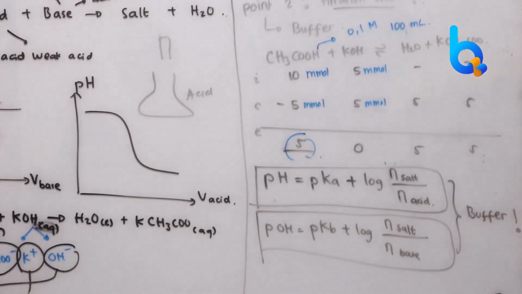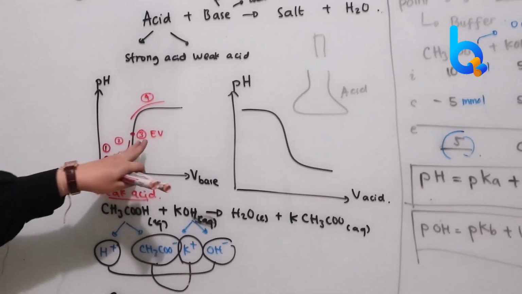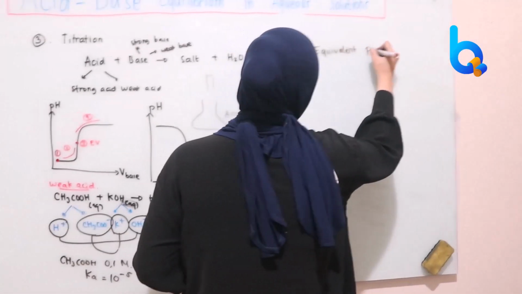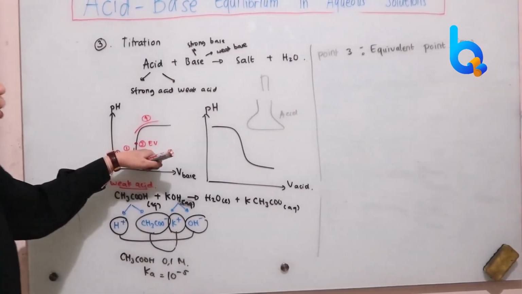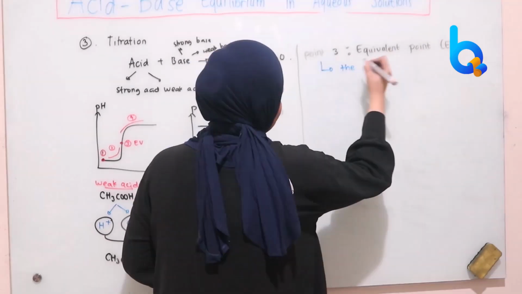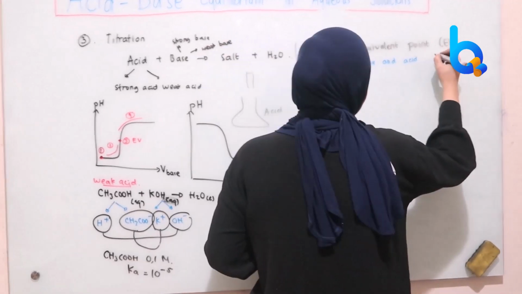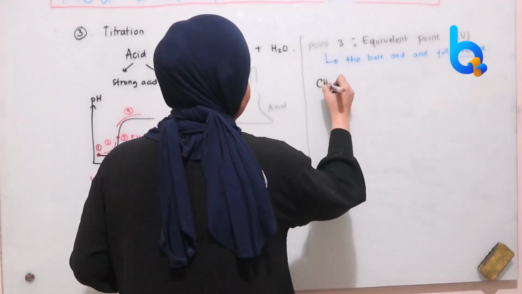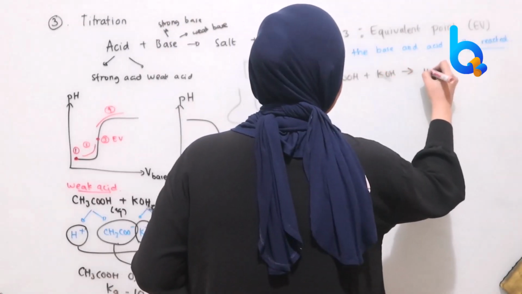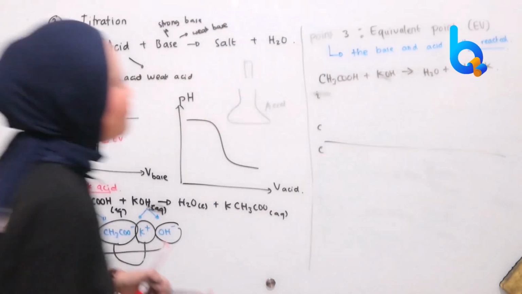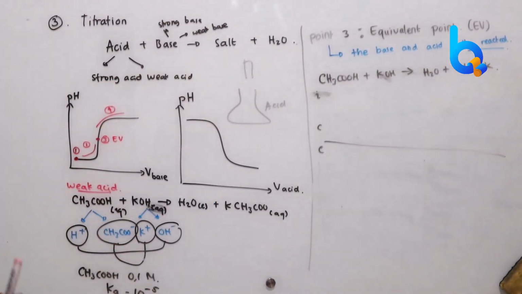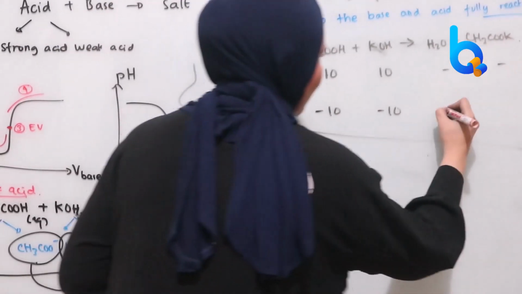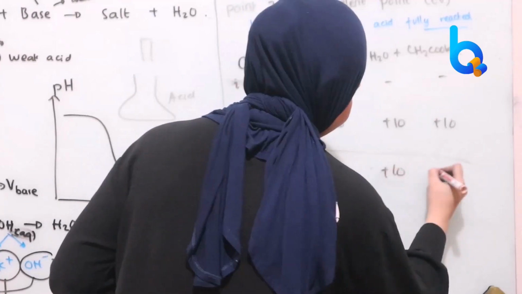We can move on to point 3. Point 3 is the equivalence point. Equivalence point means the base and acid fully react. If at the equivalence point we have exactly the same amount of acid and base, the remainder in the equilibrium is 0.